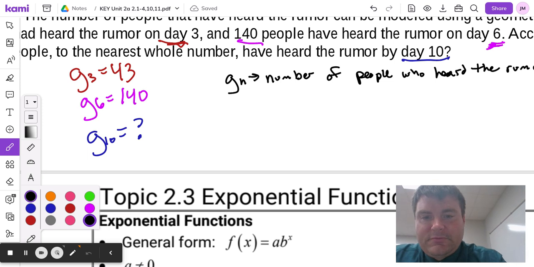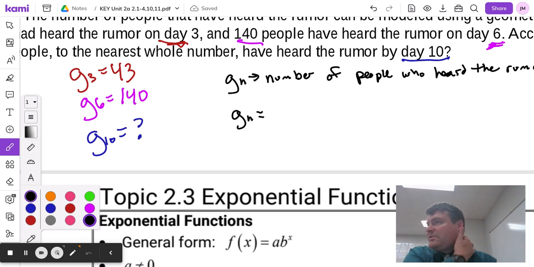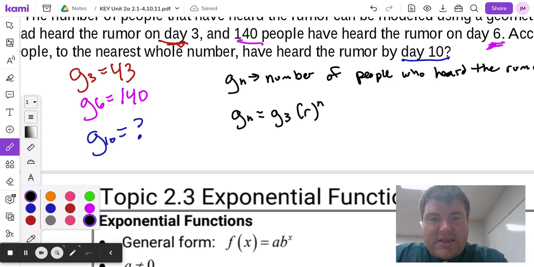So G sub n. If you notice, I'm using sequence notation here. It's because we're a little less aware of function notation with exponentials, but same thing here. So this is going to give me G sub 3 times r to the n minus 3.